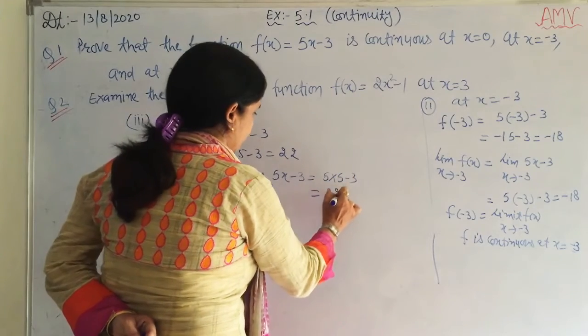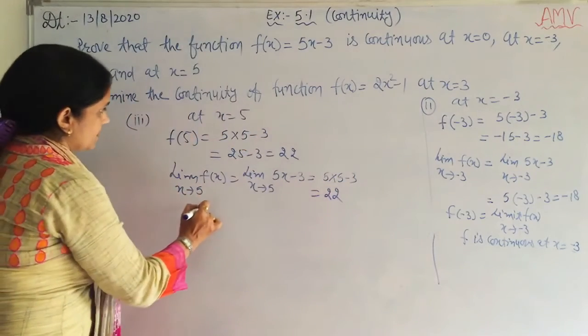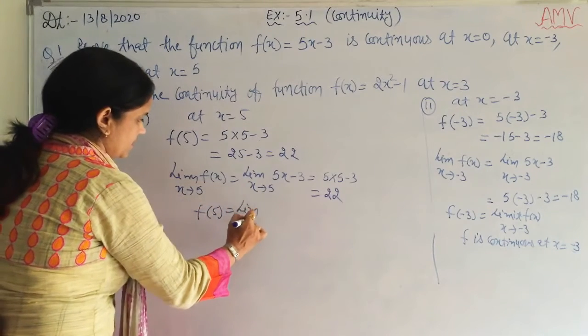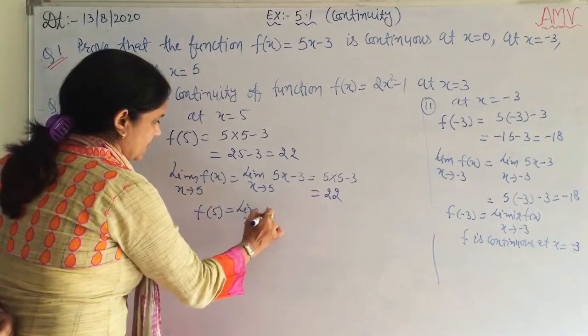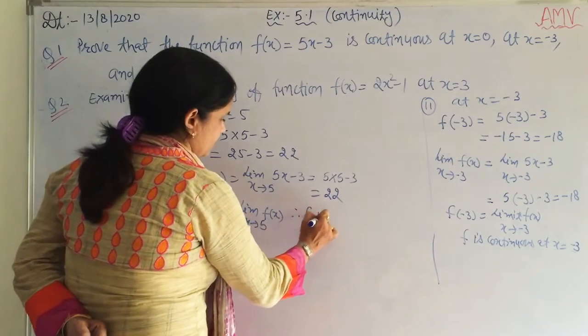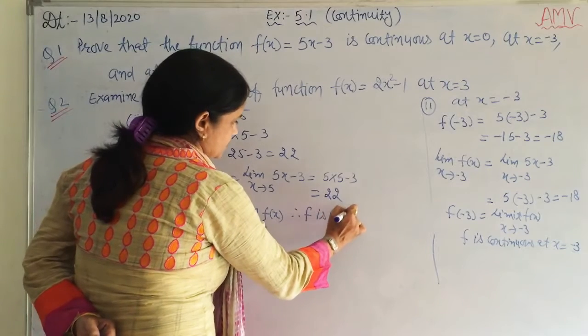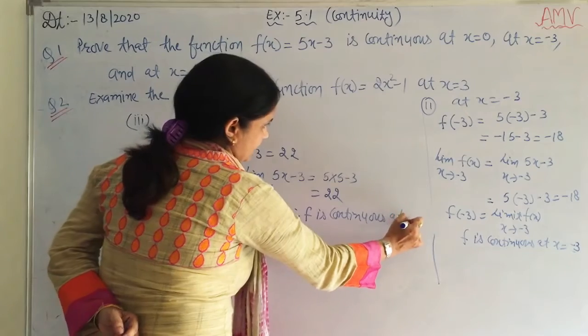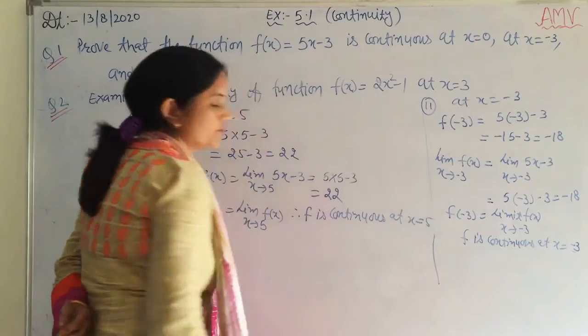You will get 22. Now see, f(5) is equal to the limit as x tends to 5 of f(x). So you can write that the function is continuous at x is equal to 5.